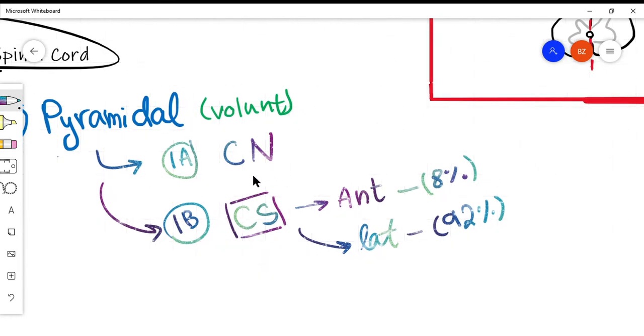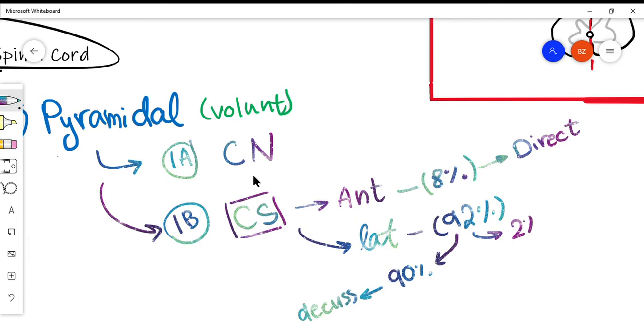So it's very important to remember that this 8% is direct. It does not decussate. It is ipsilateral. The 90% bit, it does decussate, so it's contralateral. The 2%, it is direct, all right, and it is ipsilateral.